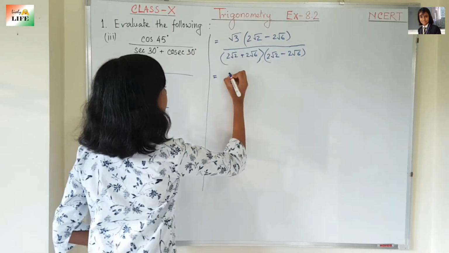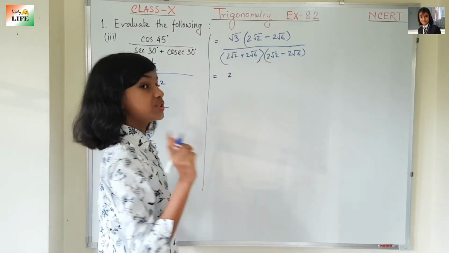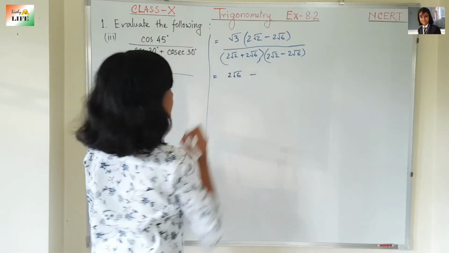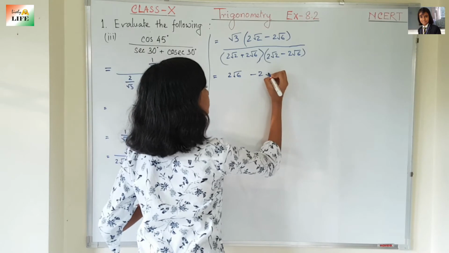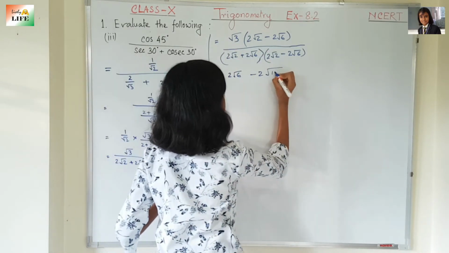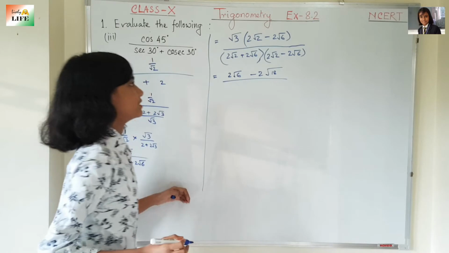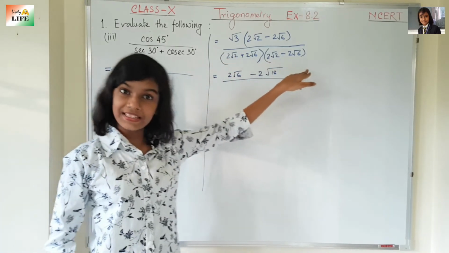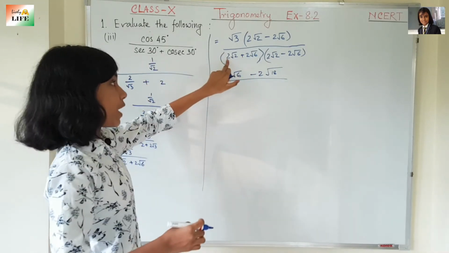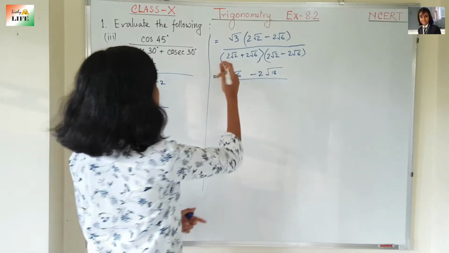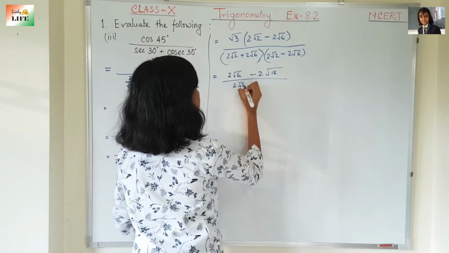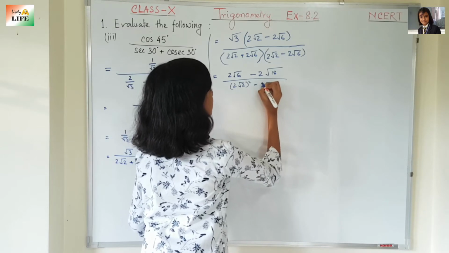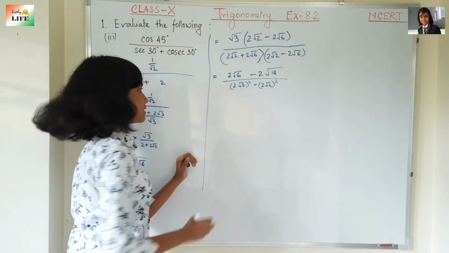It will be 2. Root 3 into root 2 is root 6. So it will be root 6 minus, again 2 root 6 3s are 18. Okay. Now this. If this is a and this is b, then it will be a plus b into a minus b, right? So we can write it as a square minus b square. Okay. So what it will be? 2 root 2 whole square minus 2 root 6 whole square, right?